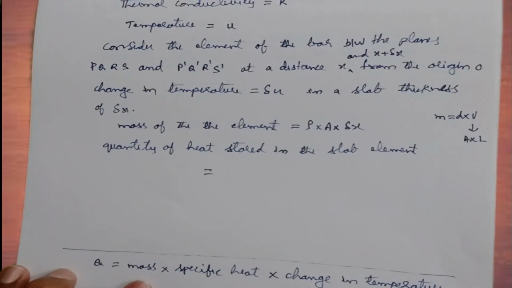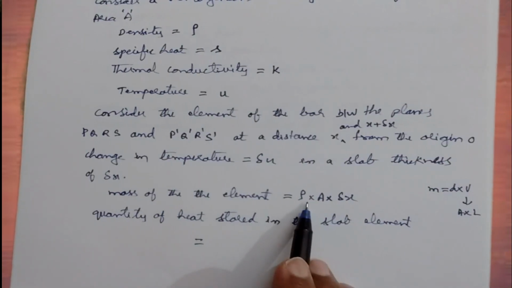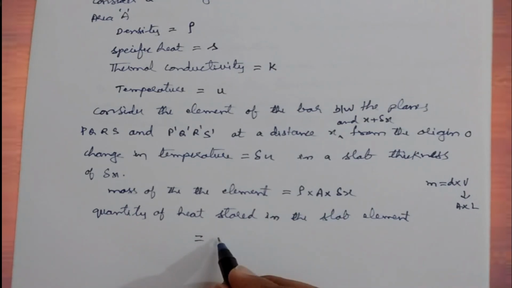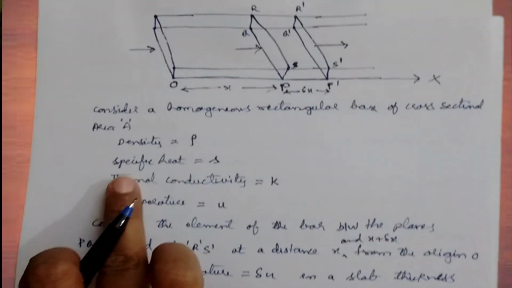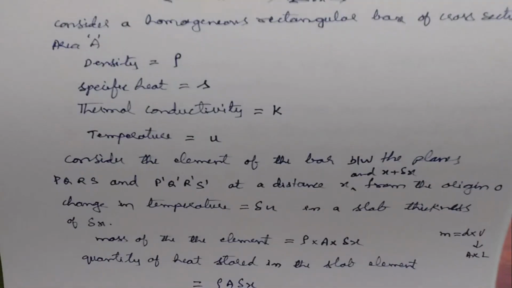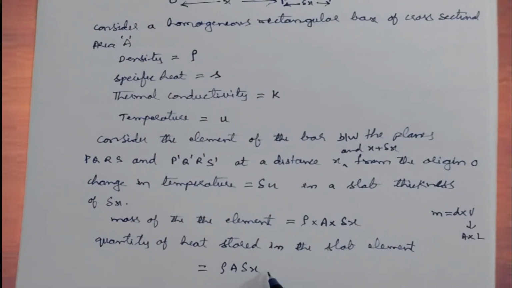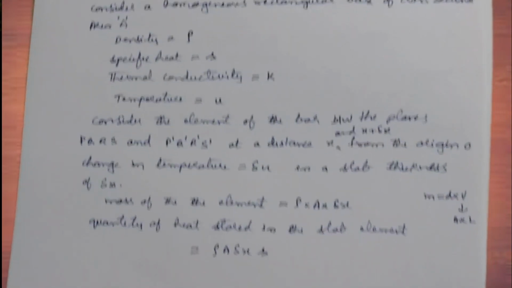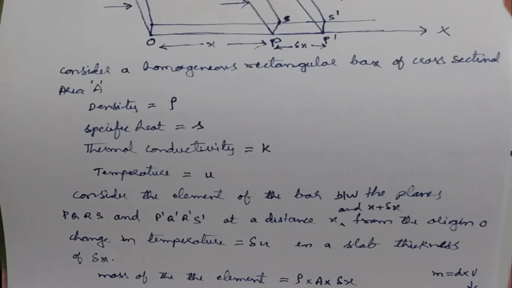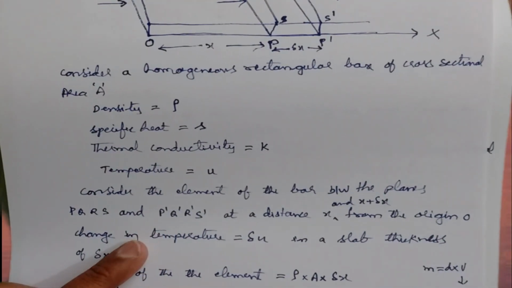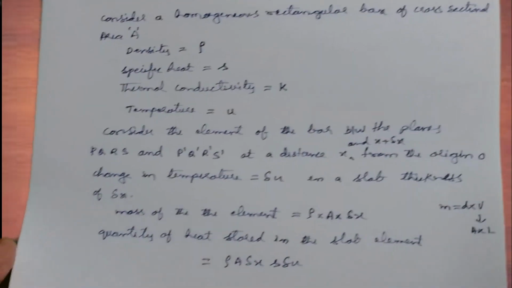So now what is the mass? Mass is already known: rho into A into delta x. What is the specific heat? The specific heat we have already taken as S, and the change in temperature I have taken as delta U. So that is the quantity of heat stored in the rectangular slab.